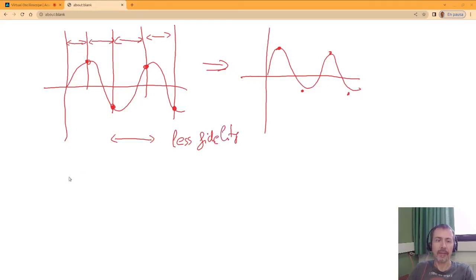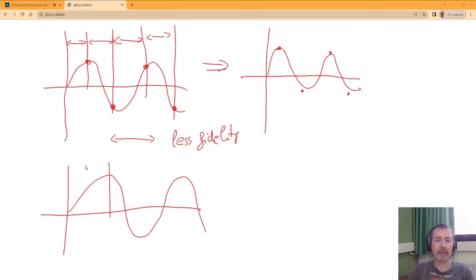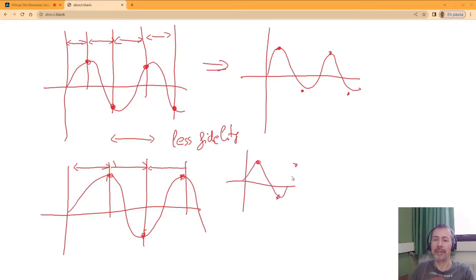So if we pick, for example, a greater sampling interval, for example, this interval, we will store only 3 points, but it will be difficult for us to reproduce the value of the signal. We don't know if it goes this way or this way, and you can have a lot of signals that pass through those points.